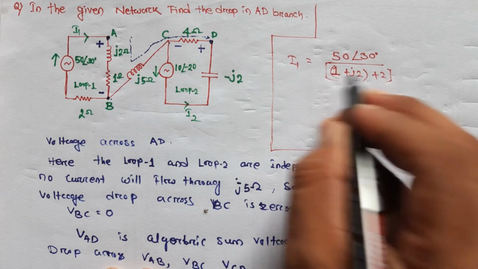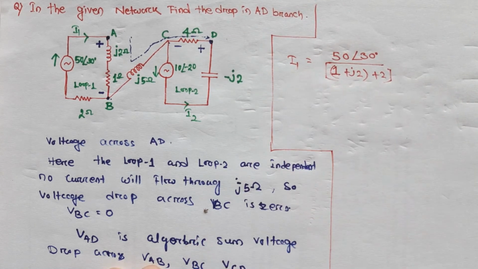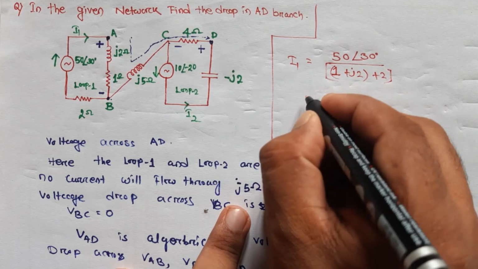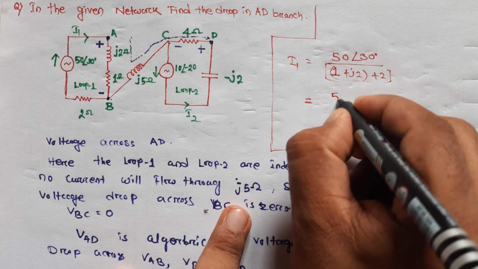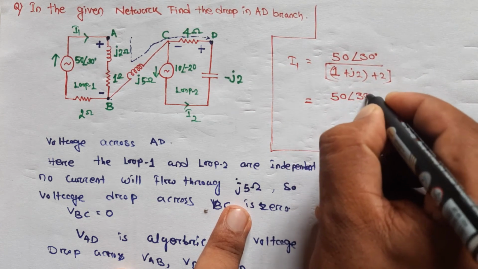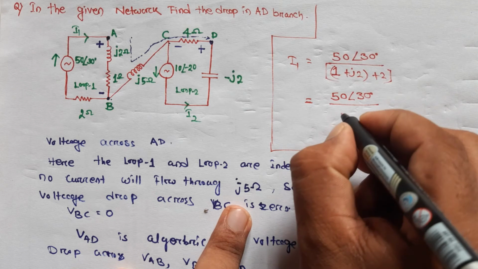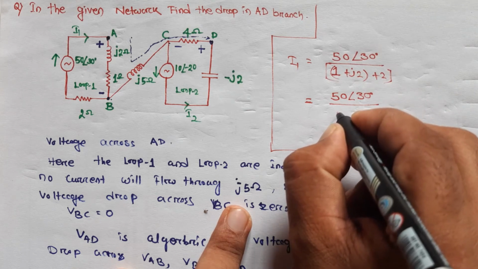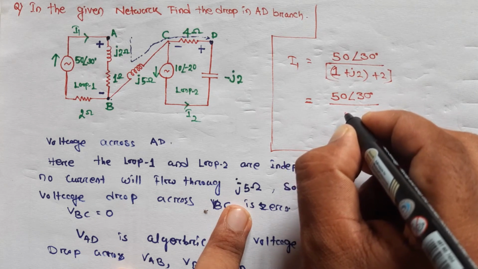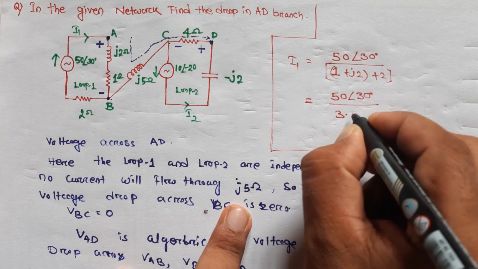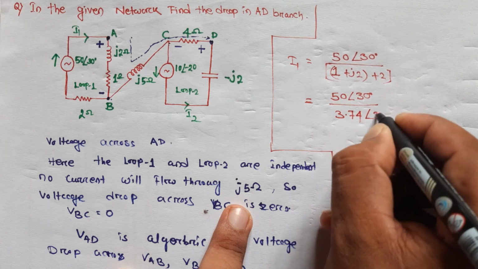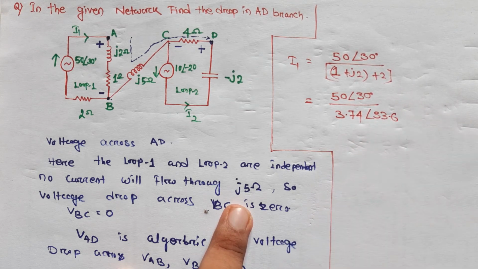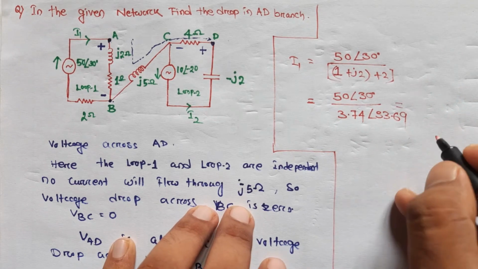First of all we need to convert these to polar form. So this is 50 angle 30 degrees divided by 3.74 angle 33.69, which we converted previously.